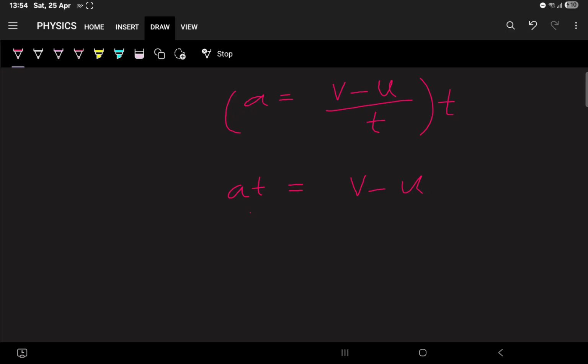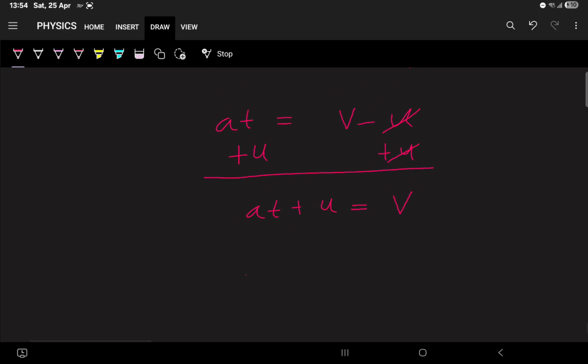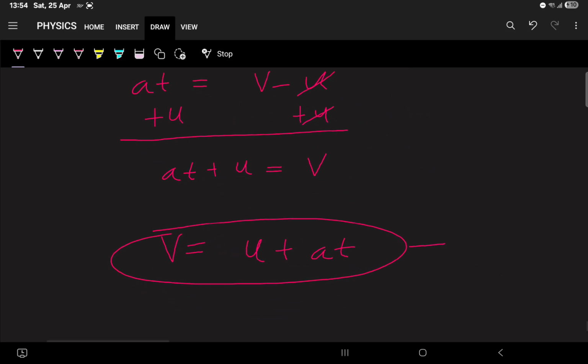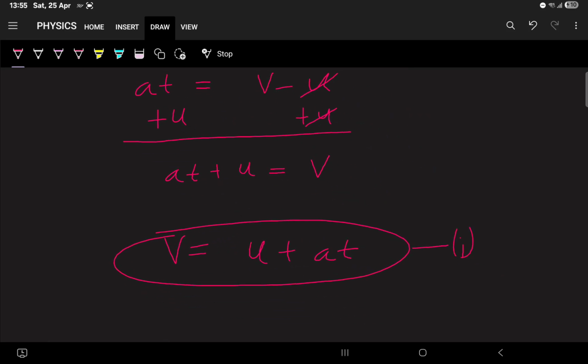Now, we add u to both sides of the equation. We have at plus u equals v. This will cancel out. Now, this is the same as v equals u plus at, and this right here is our first equation of motion.